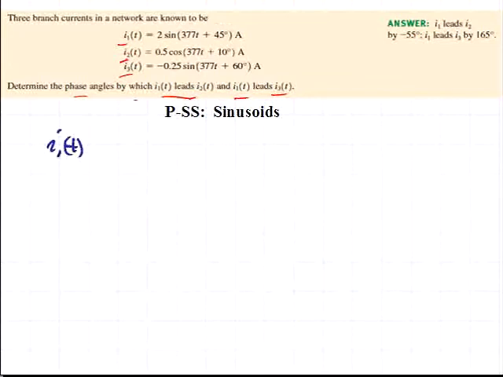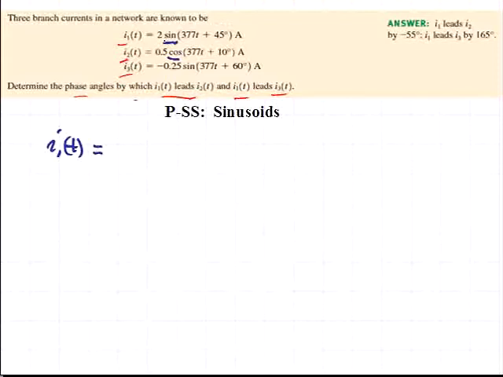At the moment it's written as a sinusoidal function, and we are to compare that with I2 of t, which is written as a cosine function. So let's convert the I1 of t to a matching cosinusoidal function so that we can do the phase angle comparison with I2 of t.